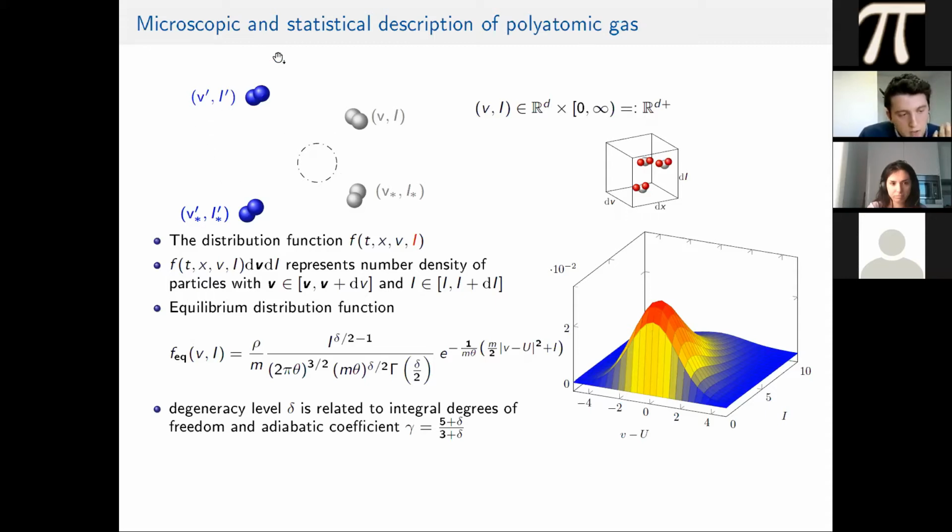So we will introduce another microscopic quantity beyond the velocities, called the microscopic internal energy. Now this variable also goes into the distribution function such that f times dx dv di represents the number density of the particles in these intervals.